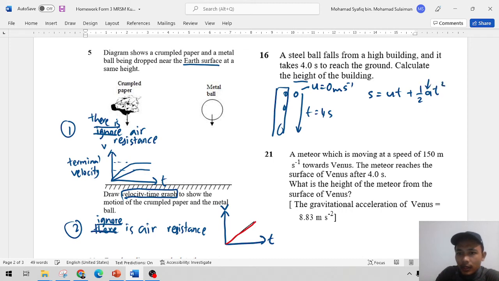So a here is g, equal to 9.81 meter per second squared. So s is equal to 0 plus half times 9.81 times 4 squared. It will give us 78.48 meter.